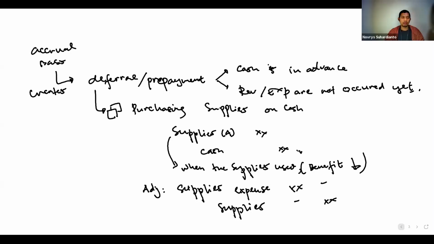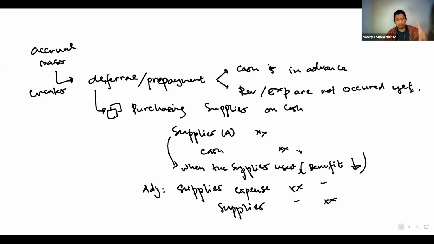Okay, back to my point here. In prepayment, you pay the cash in advance, or you receive the cash in advance, but the expense or the revenue has not occurred yet. The first example I give you is supplies. Purchasing supplies on cash gives you supplies which contain future economic benefit.